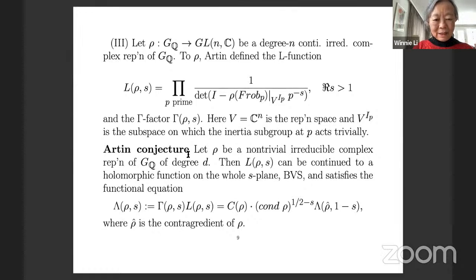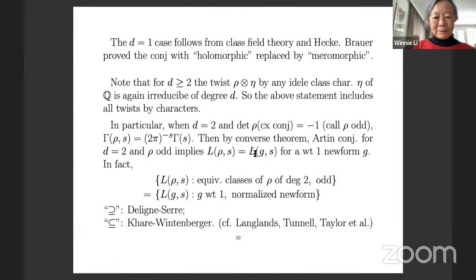Inside the Artin conjecture, when D is greater than 2, this behavior also includes the behavior of rho tensor by characters. In particular, look at the case D equal to 2.